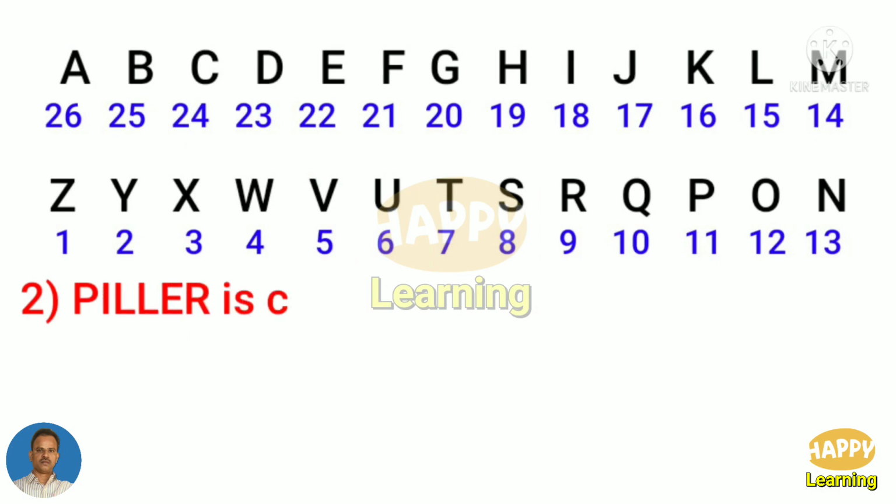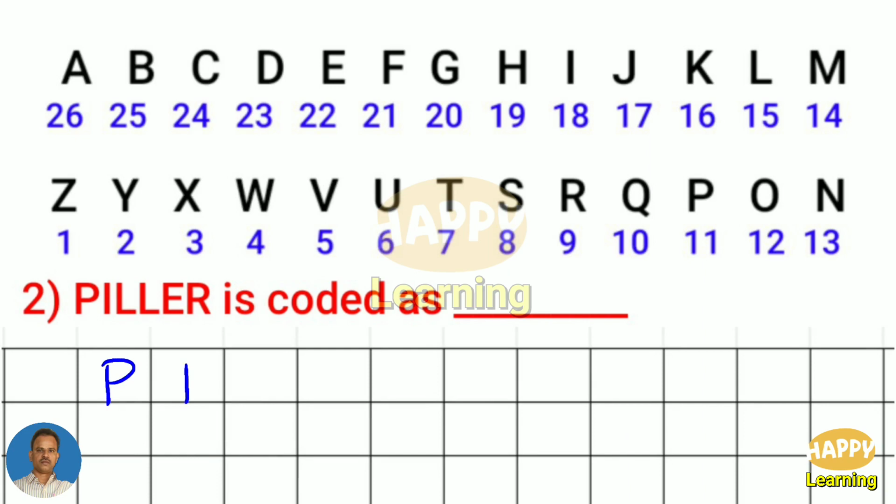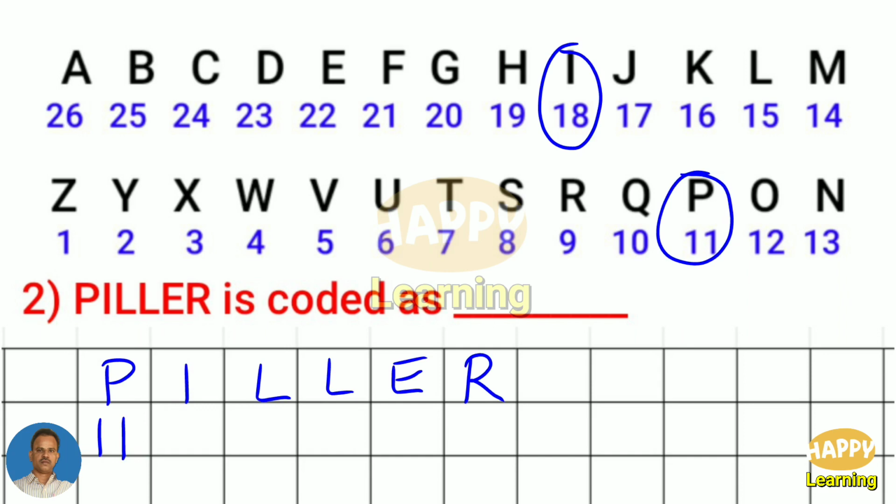Next question. Pillar is coded as. Let me write the letters here, P-I-L-L-A-R, pillar word. P is coded as 11. I is coded as 18. L is coded as 15.